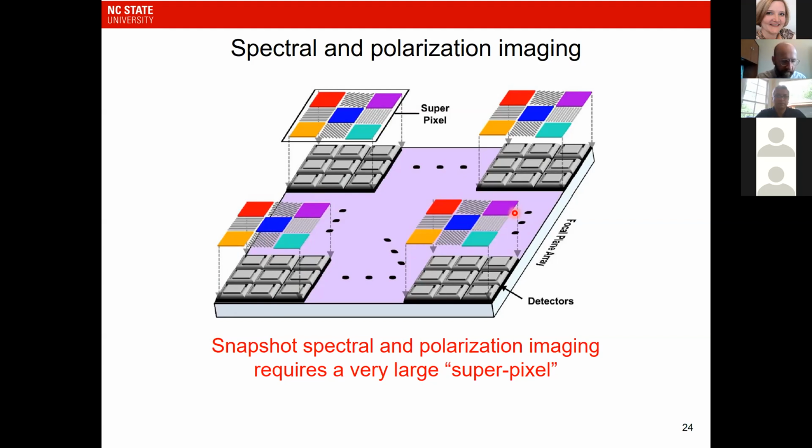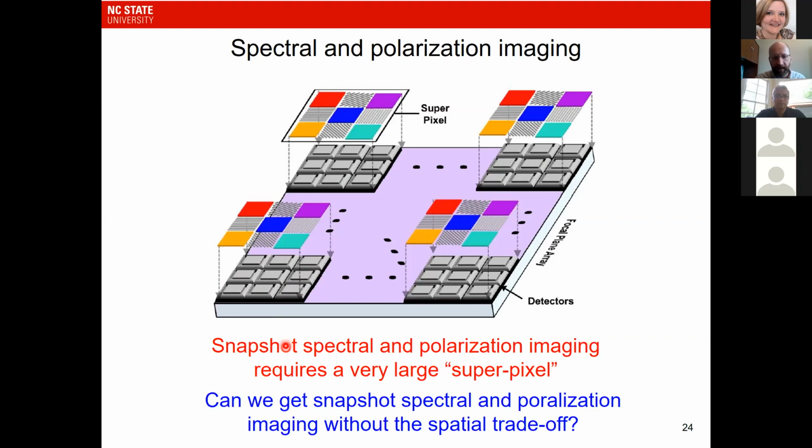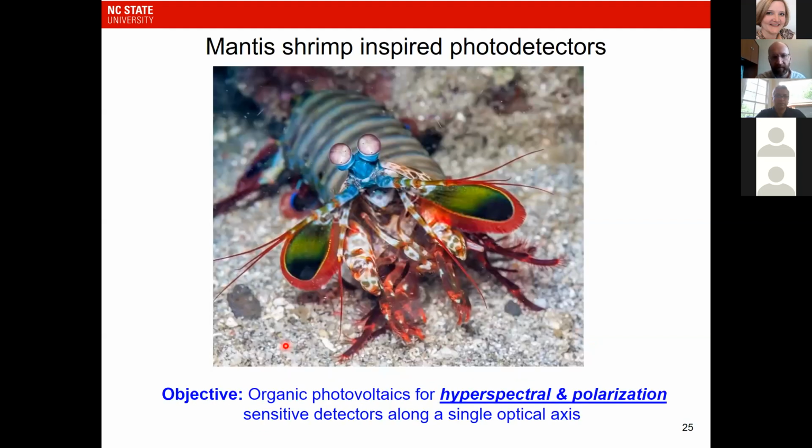So the idea here is, can we take all this lateral information and place it vertically, and not have the spatial spreading out of that information, but get all that information in one location. That's where we get this inspiration from the mantis shrimp.